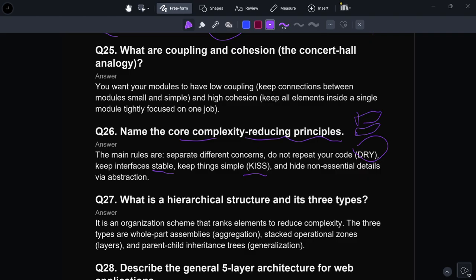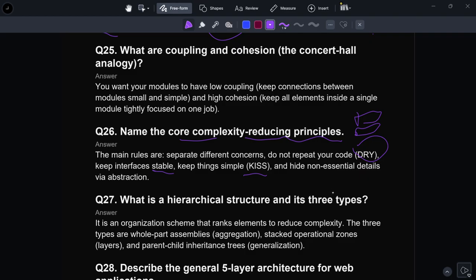Then DRY, don't repeat yourself. Every piece of system knowledge or logic must have a single, unambiguous, authoritative representation. Copy-pasting fragments across different classes creates maintenance nightmares when a business rule changes. For example, moving a common currency formatting calculator into a single reusable helper function instead of rewriting it inside every single account report.